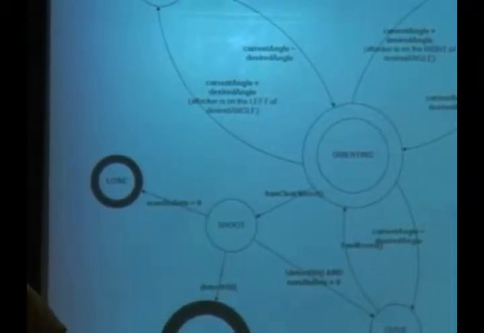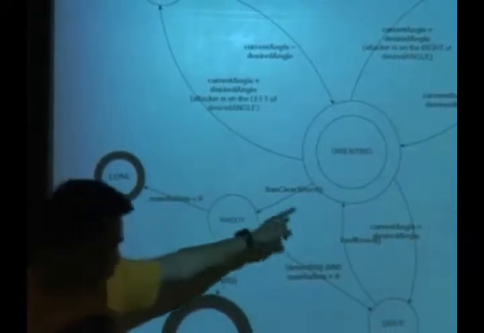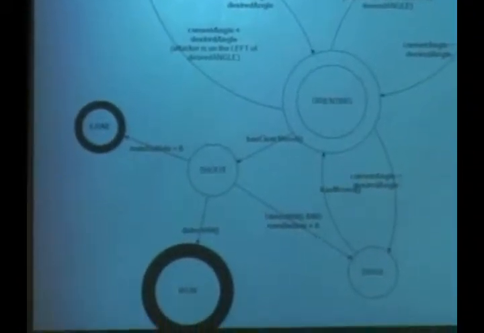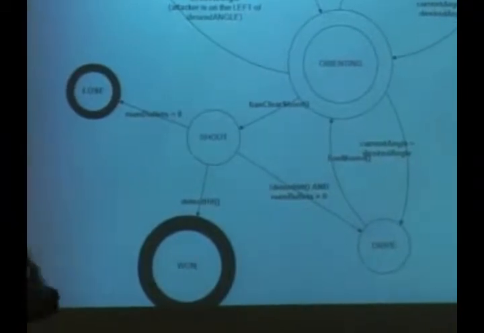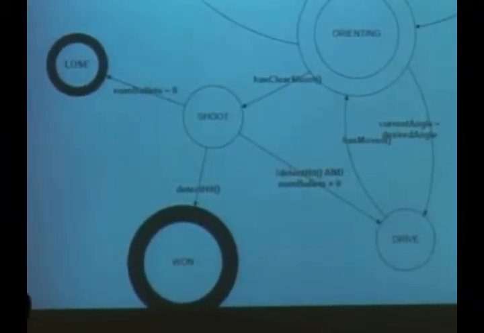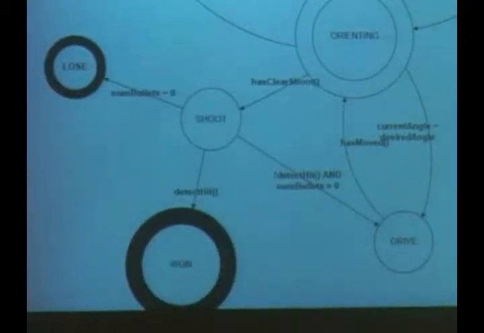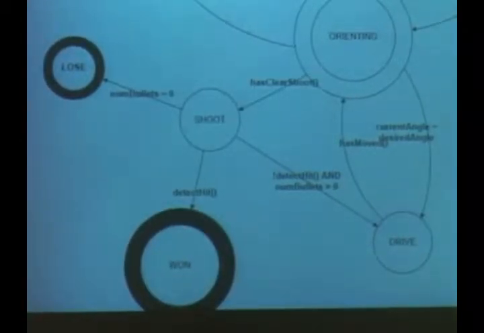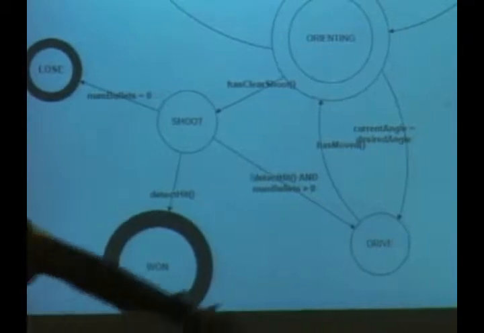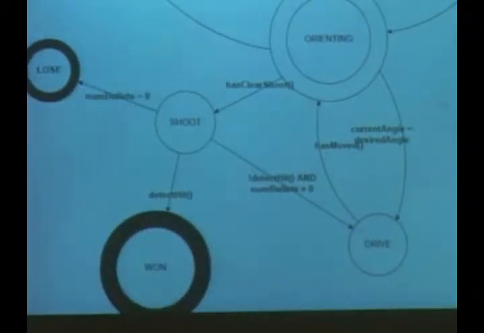Once it gets to the correct angle, it changes to the driving state. In the driving state, it moves one square toward the desired angle direction. Once it has moved one square ahead, it recalculates, doing the breadth first search to calculate the next move.